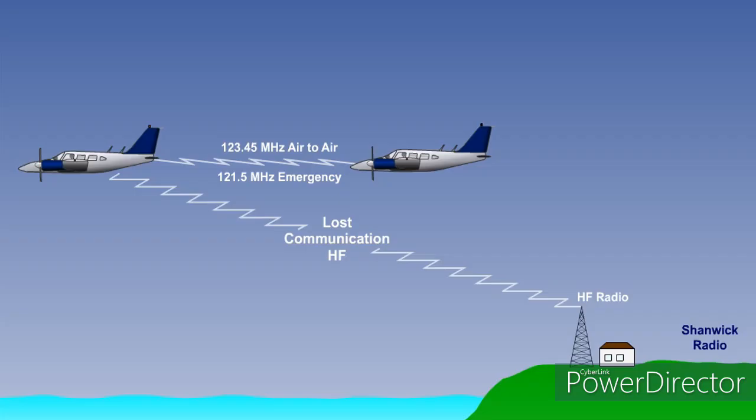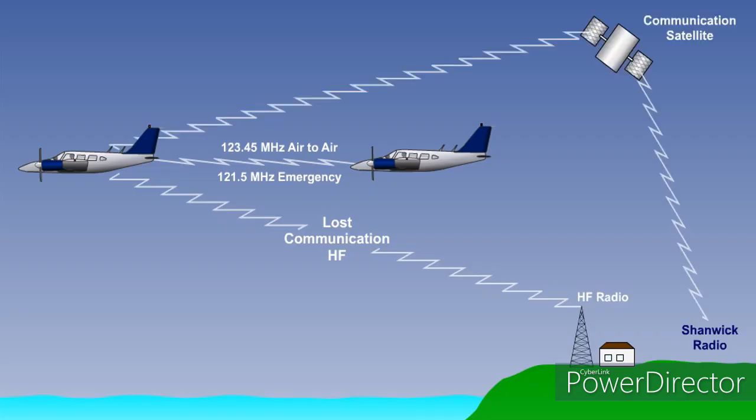Both of these frequencies are monitored by all aircraft in the MNPSA. This method of relaying through other aircraft is also the normal technique to be used in the event of loss of HF communications. Aircraft equipped with satellite communications, or SATCOM, can, if all other methods fail and only in the Shanwick OCA, contact Shanwick by SATCOM.